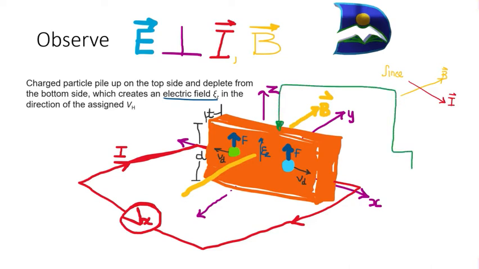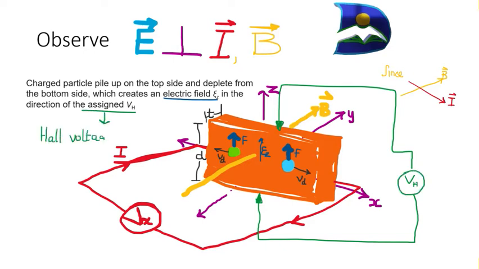If you plug in the top and the bottom of the material and measure the voltage, this VH is called the Hall voltage, which shows that there is a movement or deflection of the charged particles that creates an electrical field, resulting in a potential difference across the material.